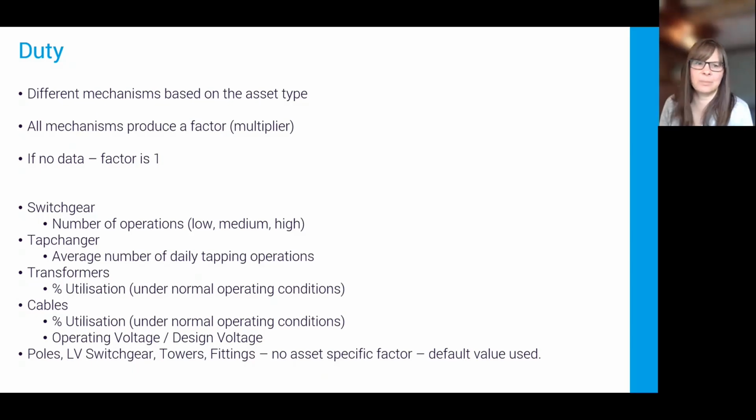But you could use low, medium, high, or whatever else works based on the data that you've got. Tap changes use tapping operations. Transformers use utilisation, as do cables, and then we also look at the voltages. And then there are some assets where it's impractical, or doesn't make sense, to have any specific duty. So, for example, a wood pole doesn't have any duty, or a tower, or a fitting. Those are just set as default, as standard.